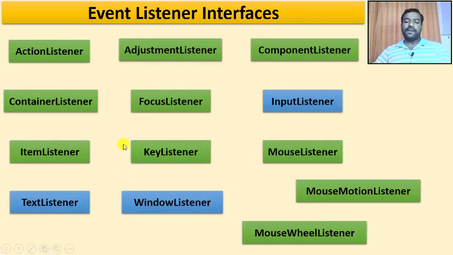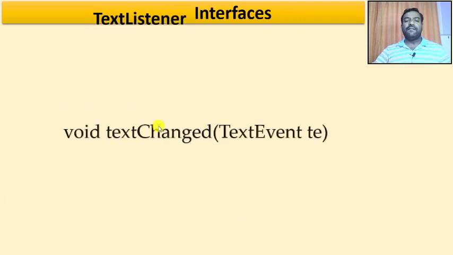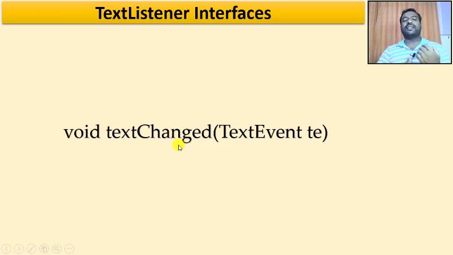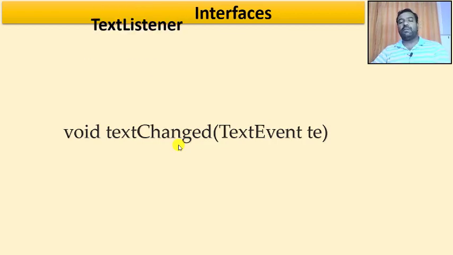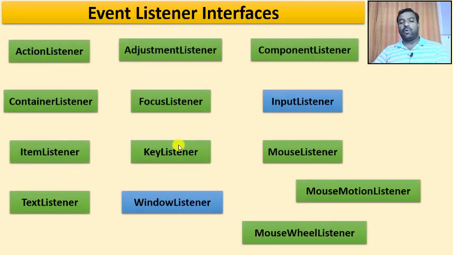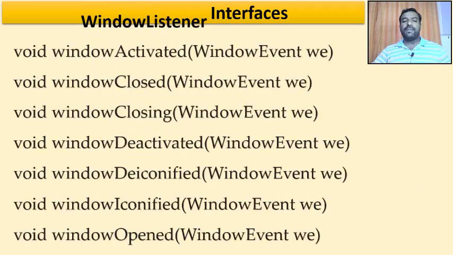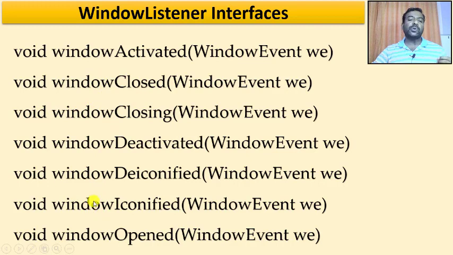Next we have the text listener, where I check whether the text field's data has been changed or not. That is the one method I'll be using. The window listener has a set of methods to be defined: window activated, window closed, window closing, deactivated, deiconified, iconified, and opened.